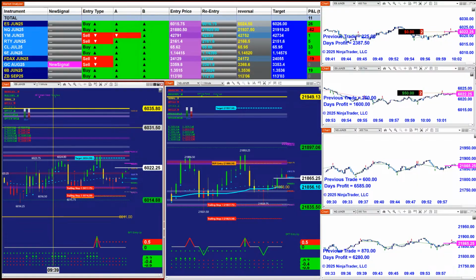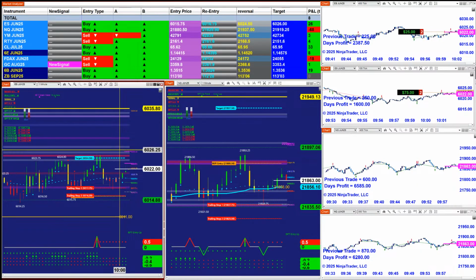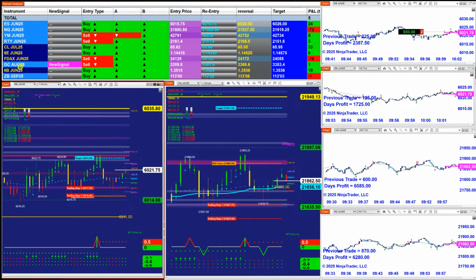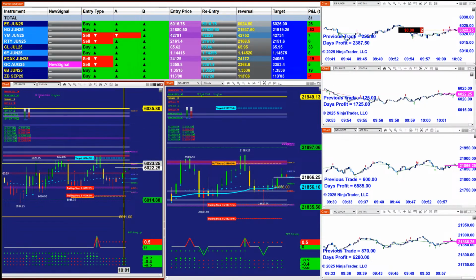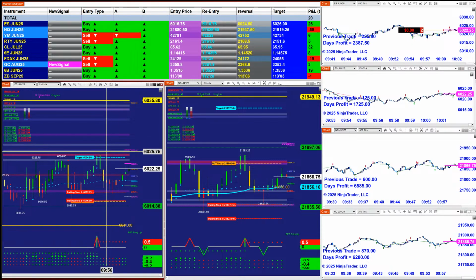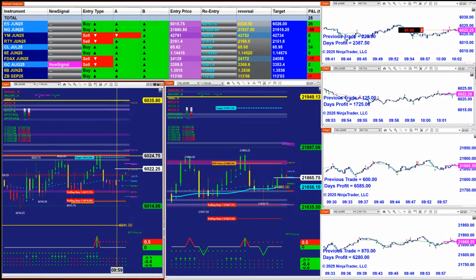And if you want to know if this ES is able to break, there is a new sell signal on the gold. I don't have the gold, but there's a new sell signal on the gold. The market is mixed, and it's not all in the green, indicating this ES is not able to break the 6,024 at this moment. So it's going to be back and forth.